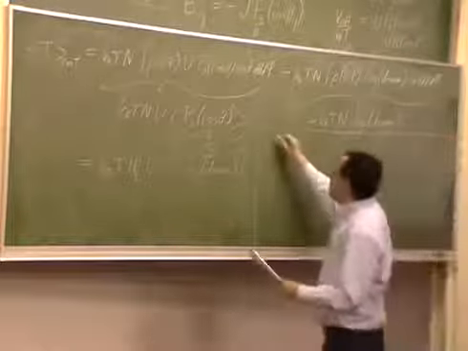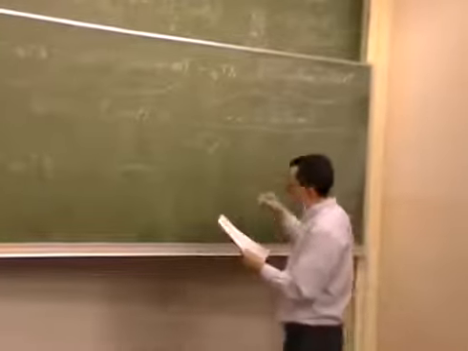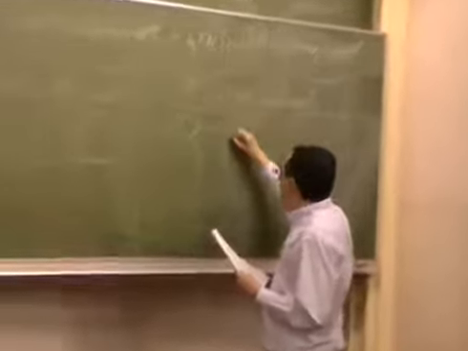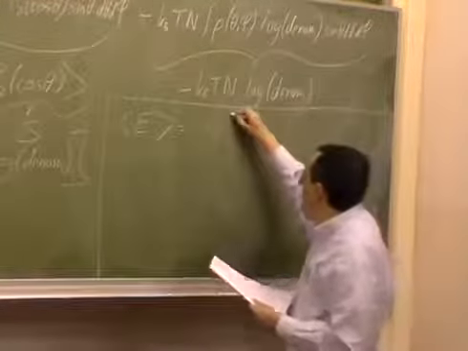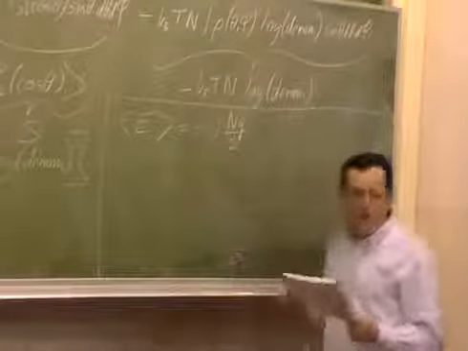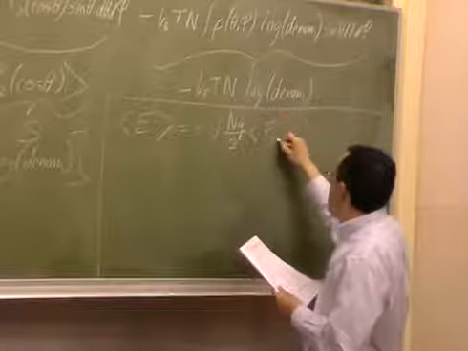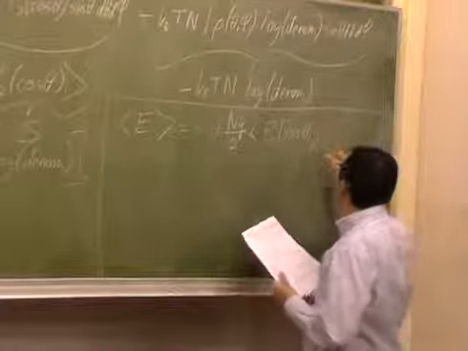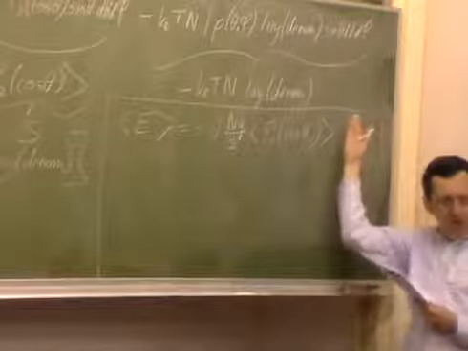Okay, so the average of the energy is minus J times the number of interacting pairs of molecules, which is NQ over 2, times the average of P2 of cosine theta ij, the relative angle between two molecules.